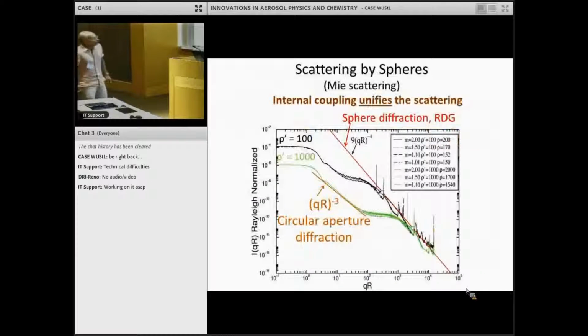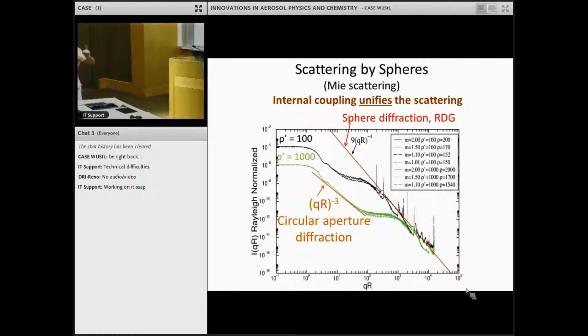Here's another graph showing this universality. Now this is the full-blown thing. Again, we're Rayleigh normalizing on the intensity on the vertical axis. The horizontal axis is Q times R. So this is a phase function. You make note about it. This would be changing the scattering angle, okay?